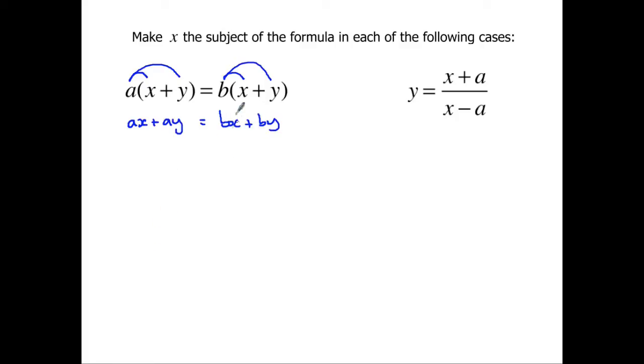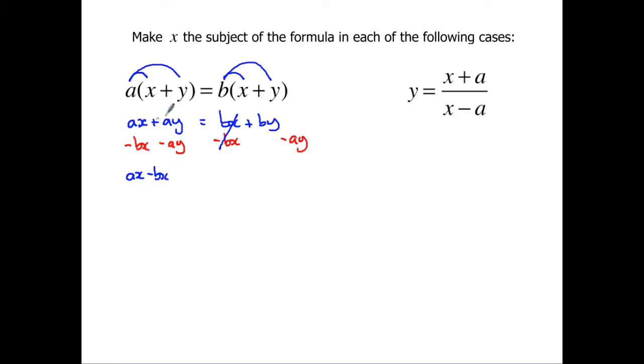And now I need all of the x terms on the same side, so I'm going to shift that bx over. And now I've got ax minus bx, and I'll take this ay away in one move here.